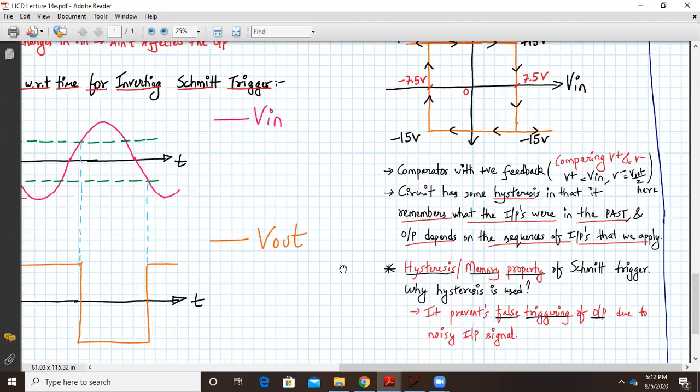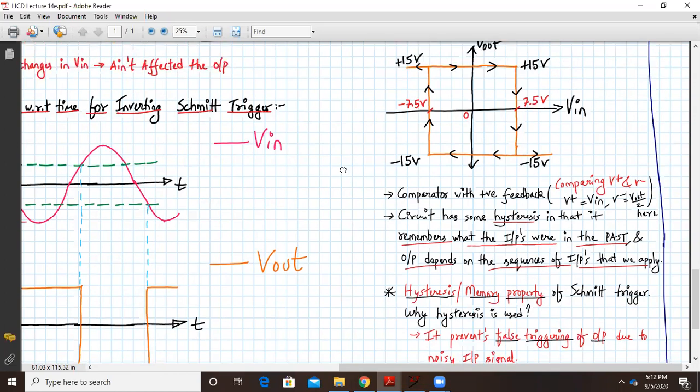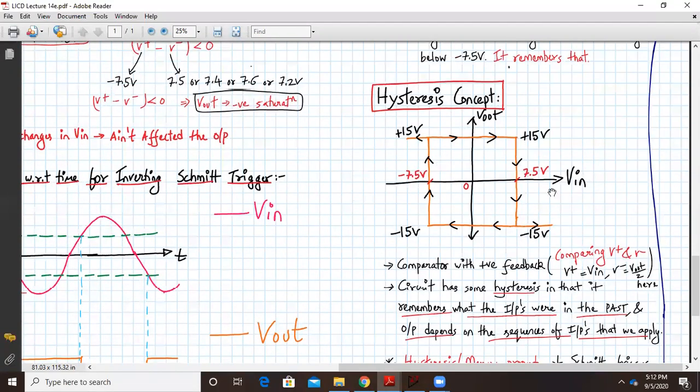Why is hysteresis so useful? Hysteresis prevents the false triggering of the output due to a noisy input signal. Let's say that noise enters the system and corrupts the input signal. As long as the input signal is confined within this range, between 7.5 and minus 7.5, the input will not change the output at all.